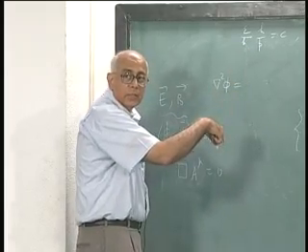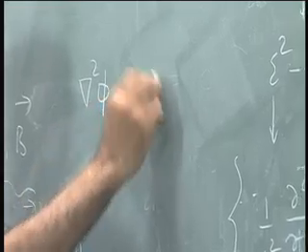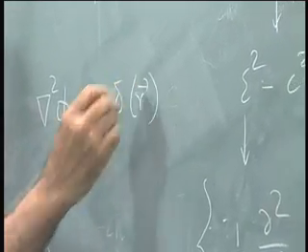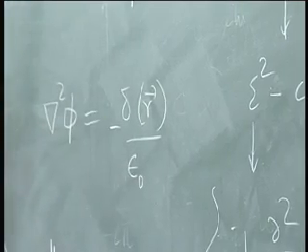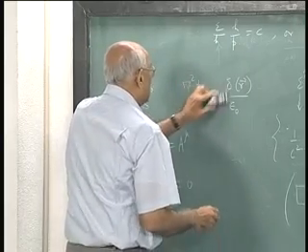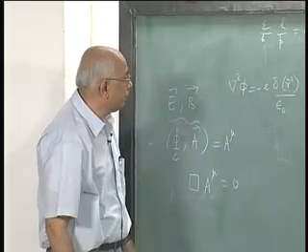If you have a single charge at the origin, then rho is equal to a delta function at r, with a minus sign, multiplied by the charge, so this is equal to minus e times the delta function.